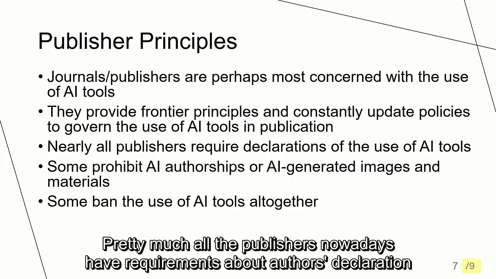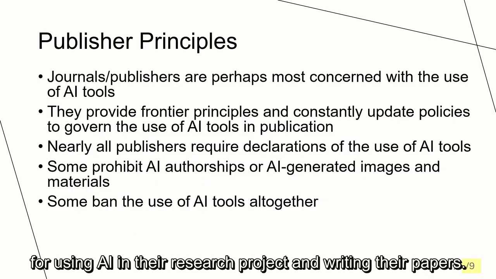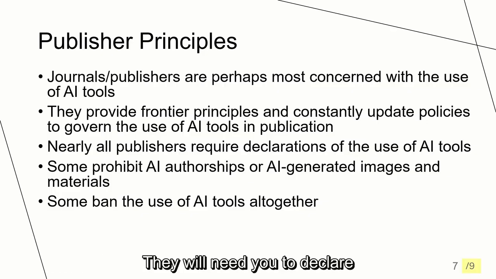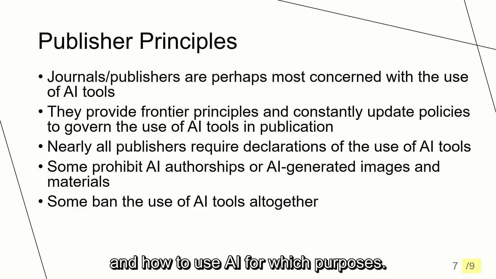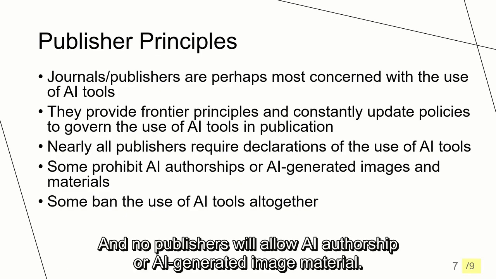Pretty much all the publishers nowadays have requirements about authors' declaration for using AI in their research project and writing their papers. They will need you to declare how much AI is used, or whether AI is used or not, and how to use AI for which purposes. And no publishers will allow AI authorship or AI-generated image material.